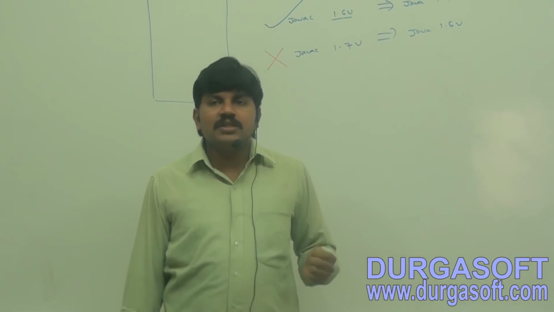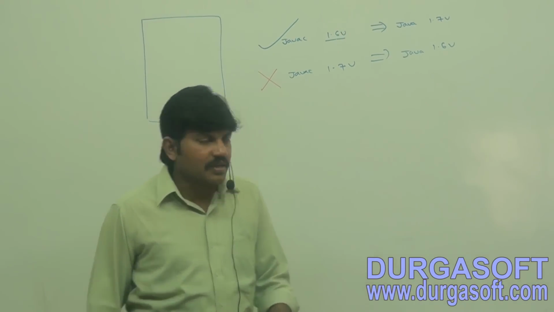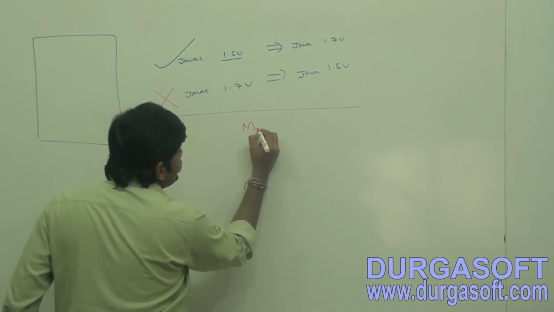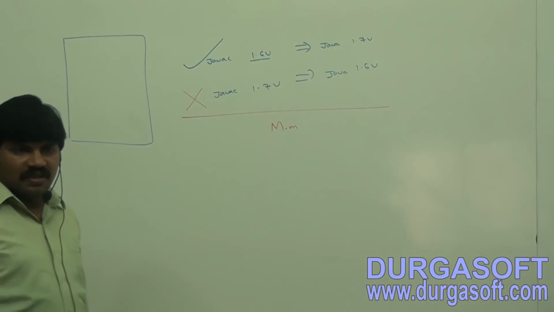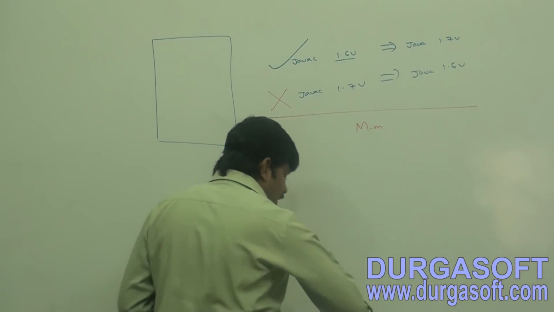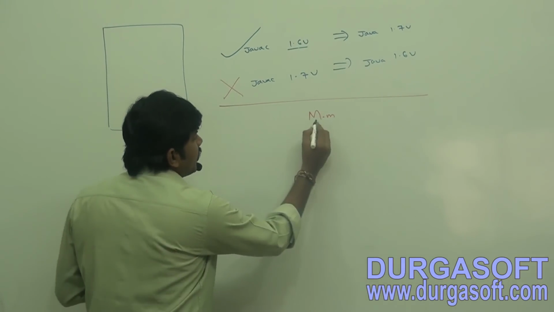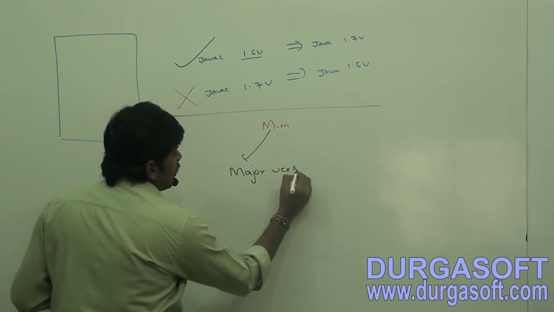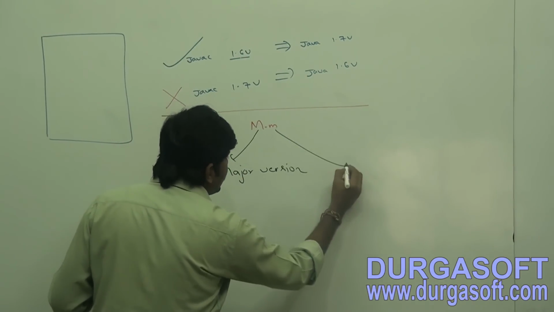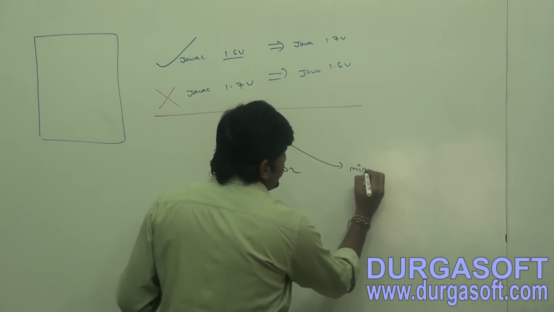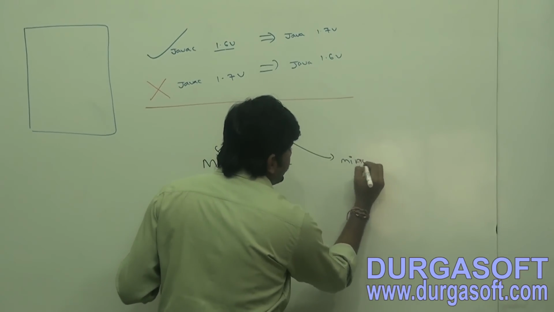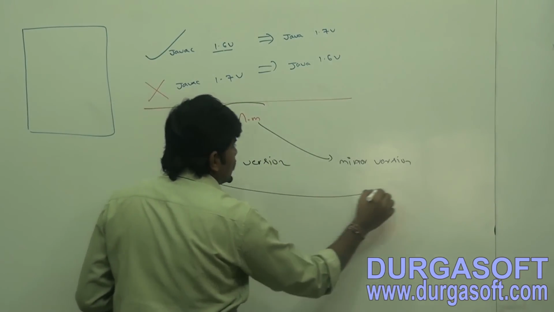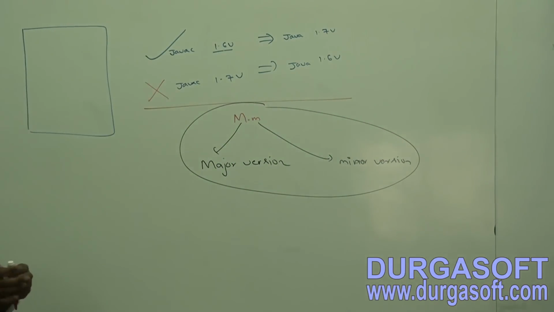We can represent it as M.m. What is the capital M? Major version. Small m means minor version. The first one is the major version, the second one is the minor version, right?